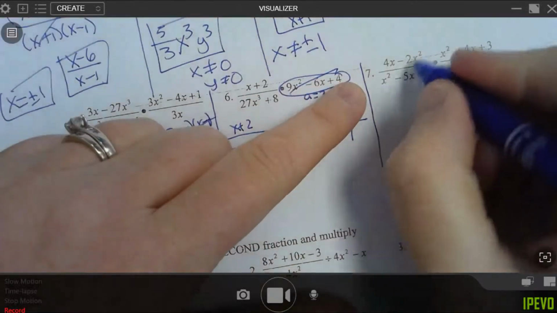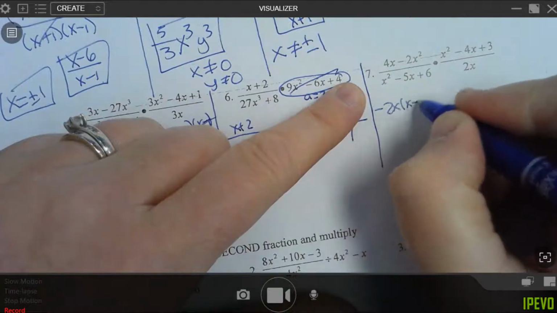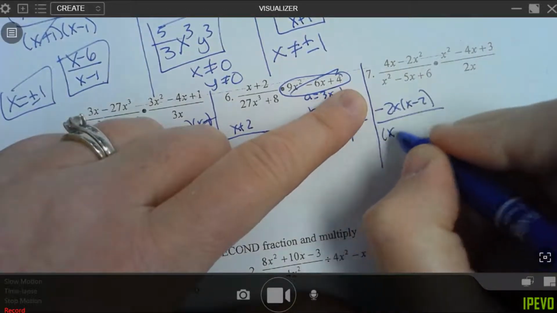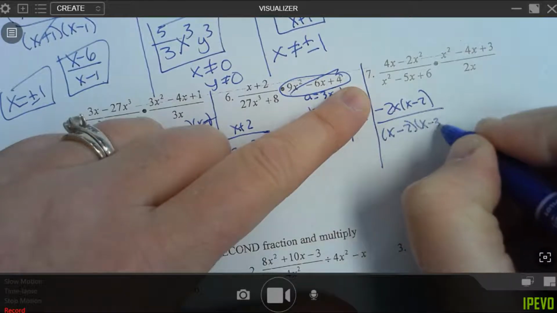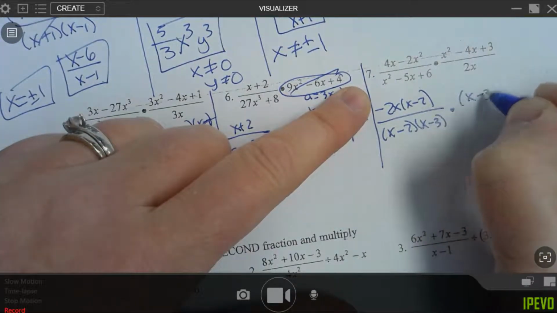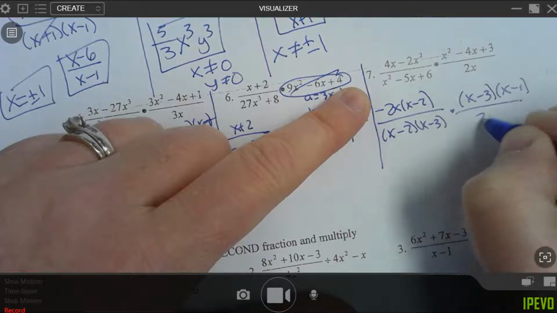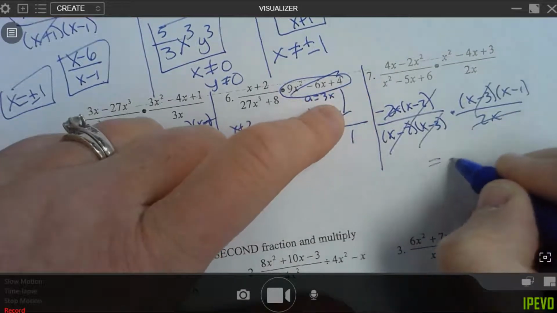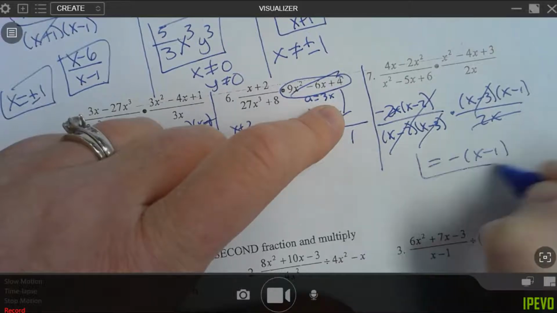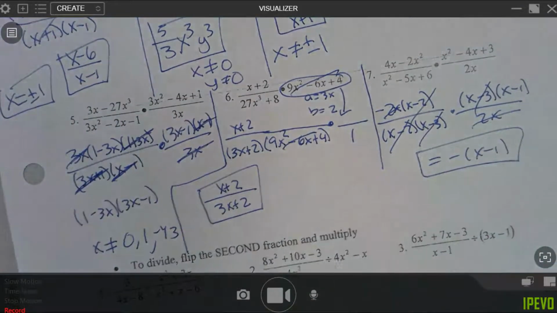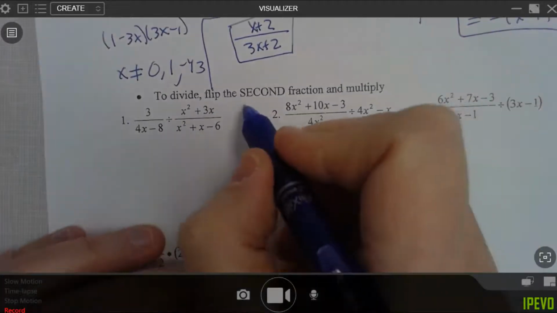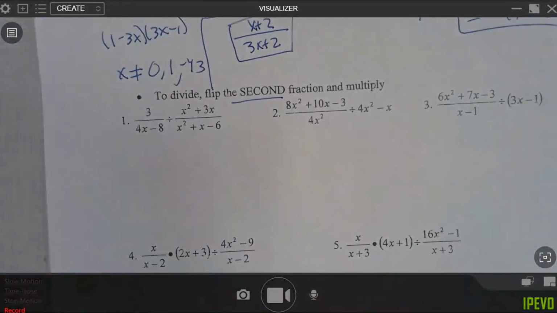All right, so I'm pulling out a negative 2x here. And then all right, the only difference down here, you guys, when we're dividing is that the second fraction flips, because remember, we never divide by a fraction, we multiply by its reciprocal.